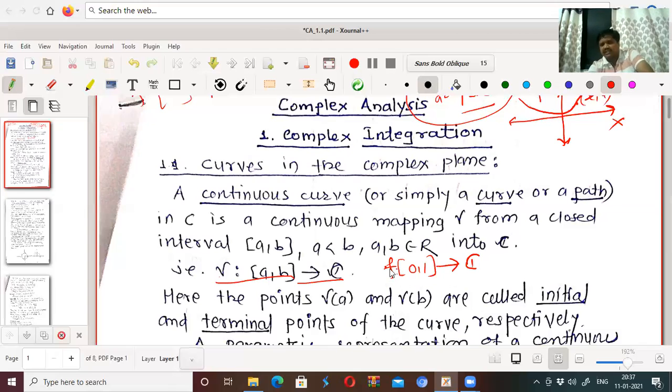So mapping from any closed interval to C complex plane, and if this mapping is continuous mapping, then it is called continuous curve.